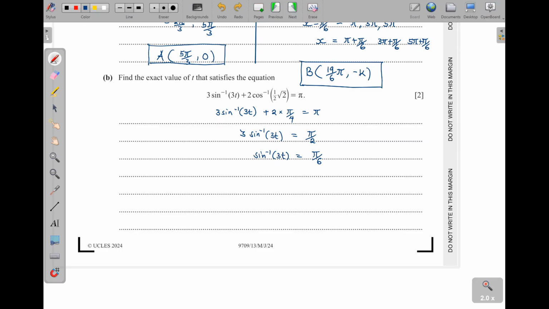So this implies that 3t will be equal to the sine of pi over 6. Sine of 30 is a half. So meaning we shall have 1 over 2, and then t is equal to a half divided by 3, which is the same as a half times the reciprocal, 1 over 3, and that gives us 1 over 6. So I will write t as 1 over 6, as simple as that.